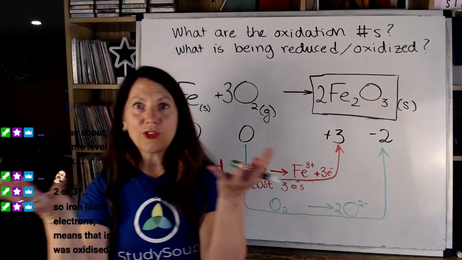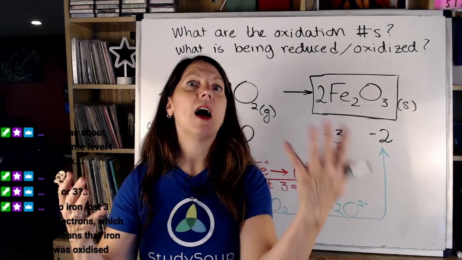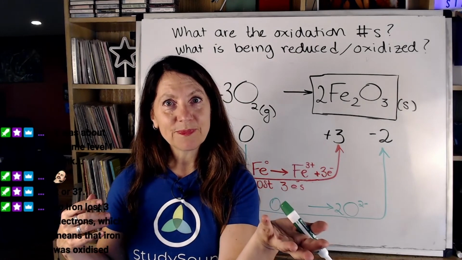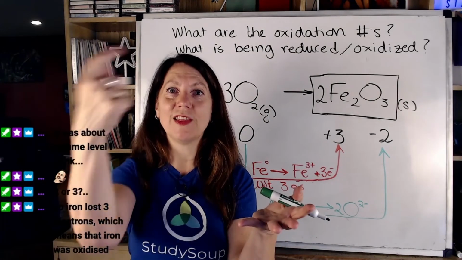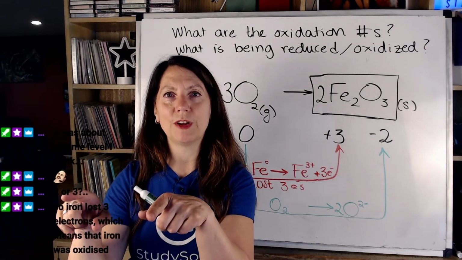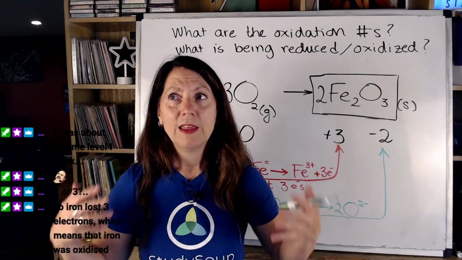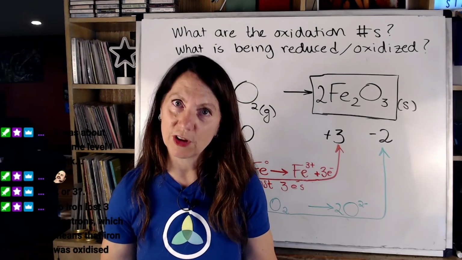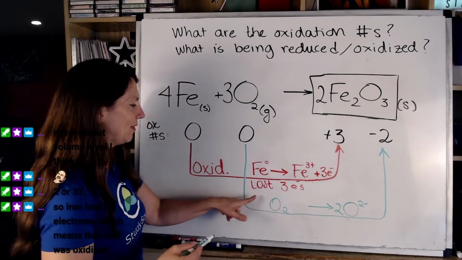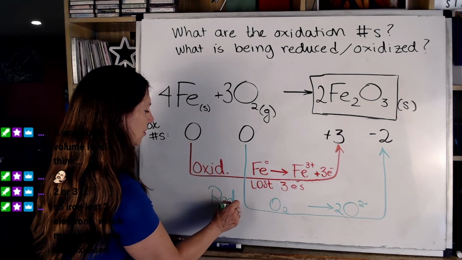It always goes hand in hand. If one of the elements is being oxidized, the other one must be reduced, because those electrons are being lost and then they're being gained somewhere else. You never have 2 that are being simultaneously oxidized and nothing's getting reduced. There would be nowhere for those electrons to go. So they go hand in hand, and so that means our oxygen is being reduced.